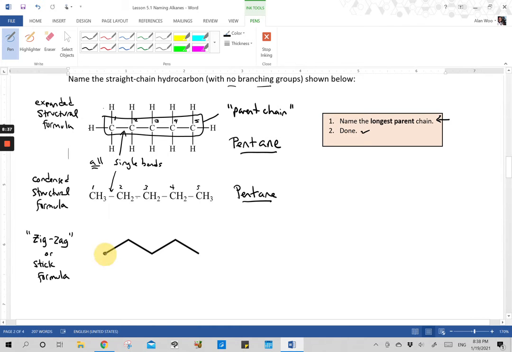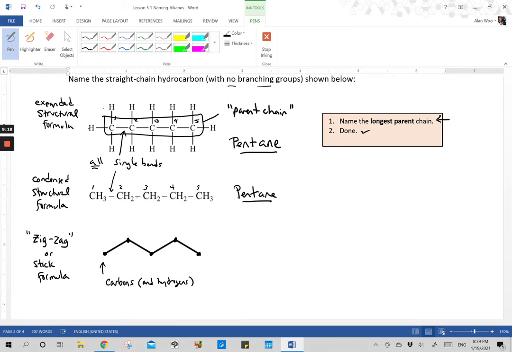Now, if I put a dot at the beginning and at each corner, these dots represent carbons. Because we want to shorten the actual drawing, we've taken out the hydrogens. So it's understood that even though there's a carbon here, it does contain its hydrogens. But we don't really care about the specific number of hydrogens.